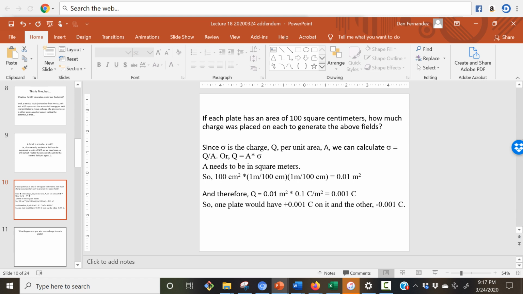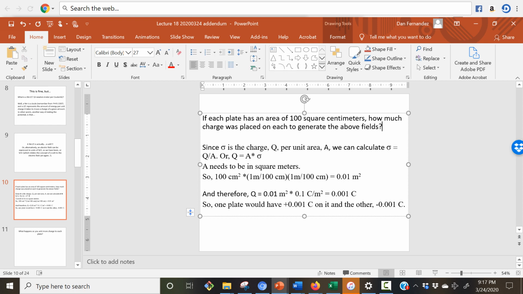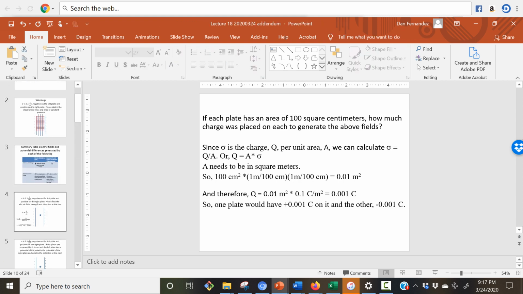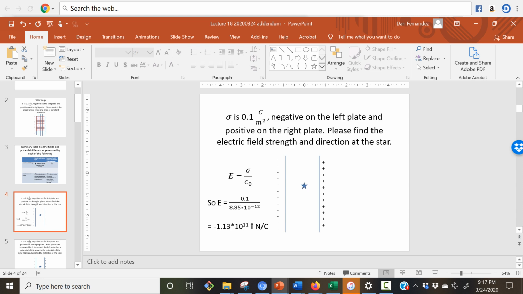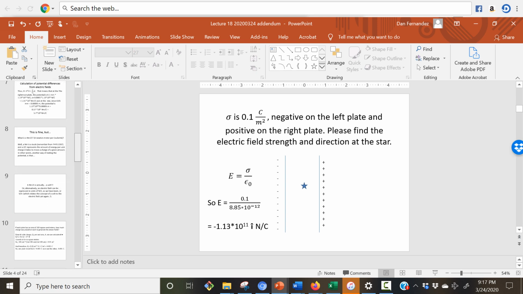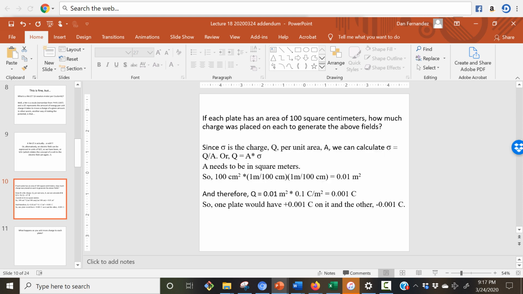Then the final thing I wanted to mention is how much charge was placed on each of the plates in the original problem. So going back to the original problem, which was up here, I said that the charge density on these plates is 0.1 coulombs per square meter. So how many coulombs had to be placed on these plates to generate that charge density? Well, remember, charge density is given by this equation.